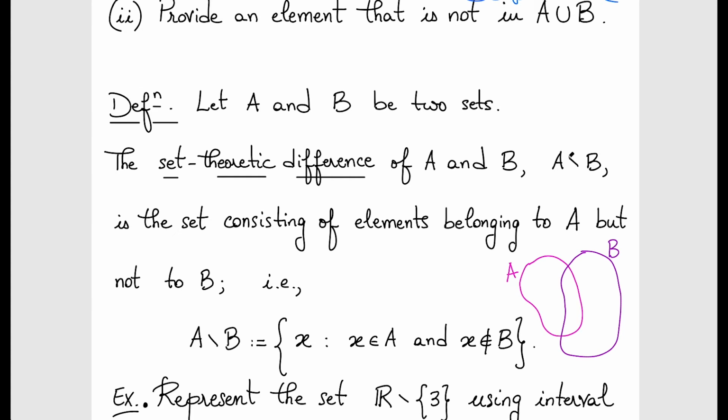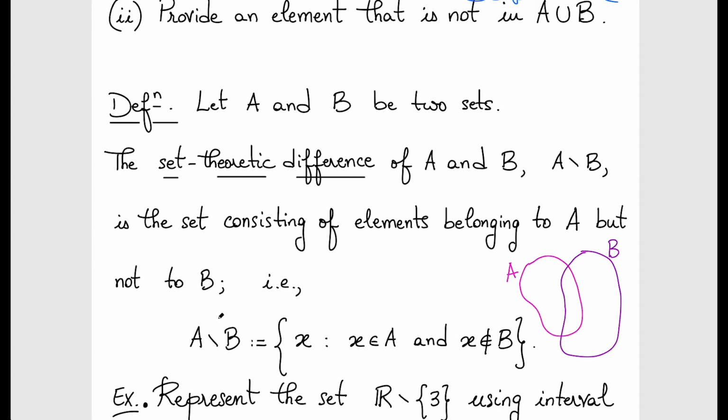It's A with a backslash or minus B. Okay, so this is the set theoretic difference of A and B, and it's defined like this. It's the collection of objects that belong to A but not to B. Okay, it's the set consisting of elements that belong to A but not to B.